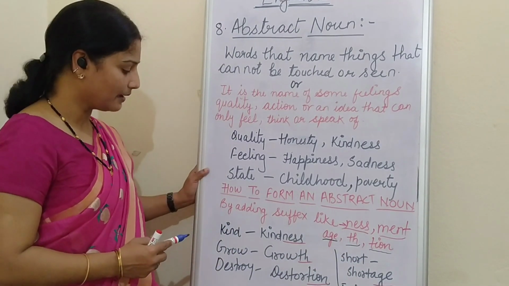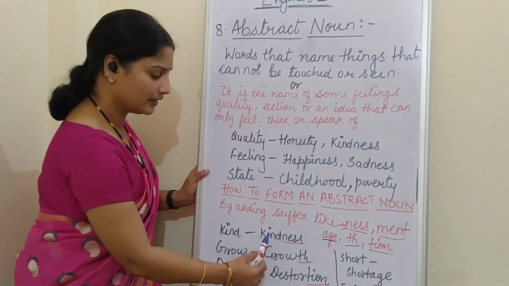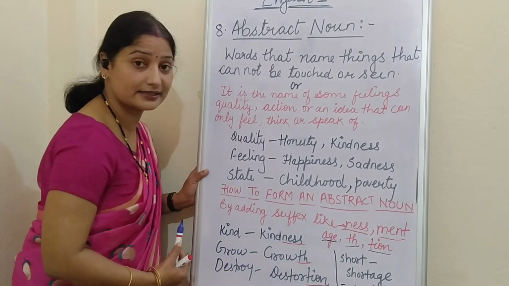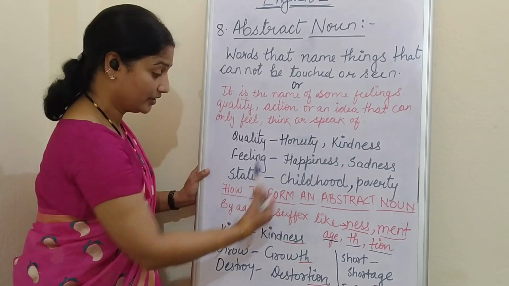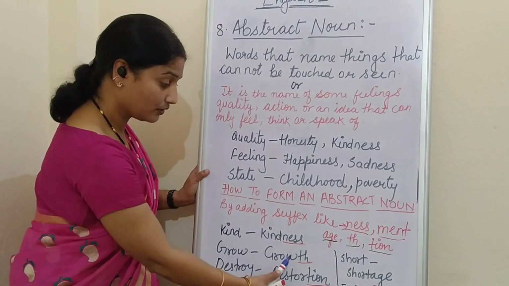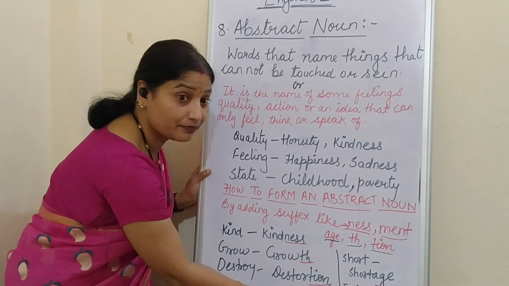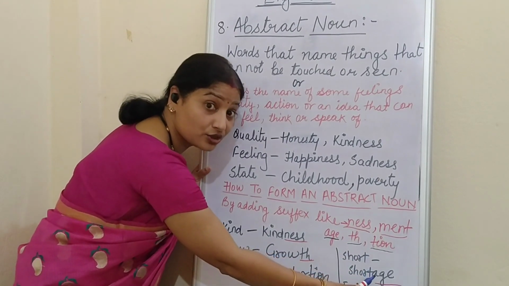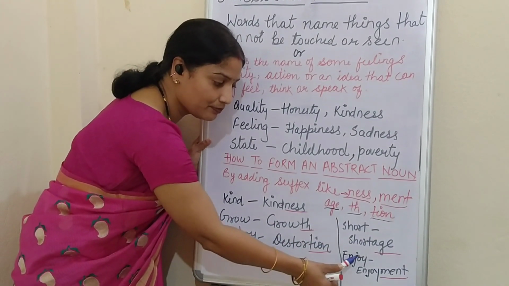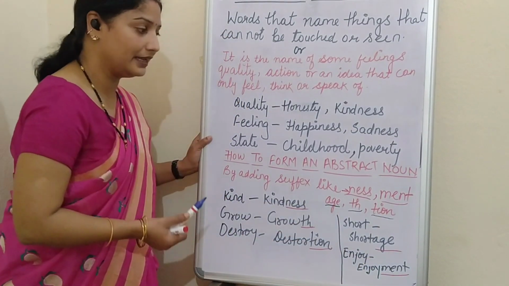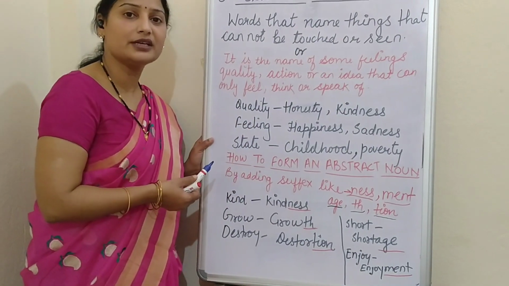Now let's see some examples. Like kindness, by adding NESS, changes into kindness. It is an abstract noun. Grow, growth. Destroy, destruction. Short, shortage. Enjoy, enjoyment.